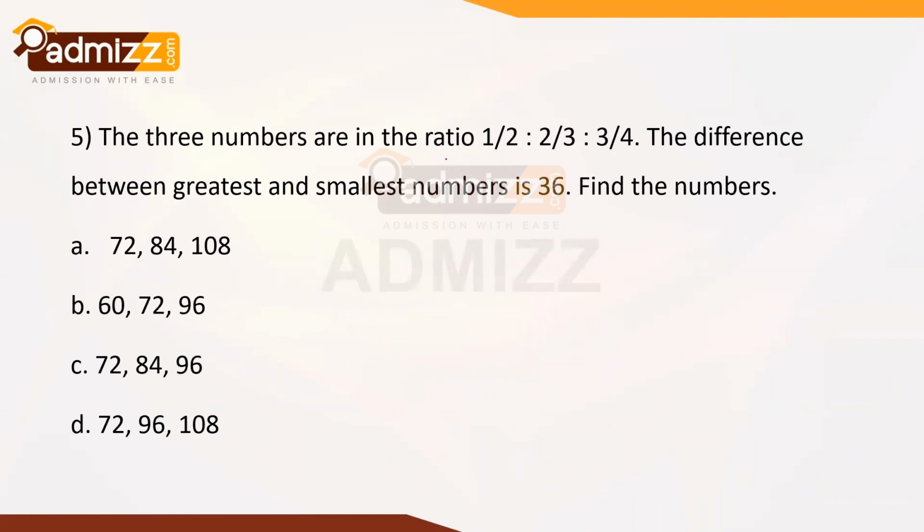The three numbers are in the ratio 1:2, 2:3, and 3:4. And there's a small concept that you have to remember in these types of questions, and that is the concept of common factor.